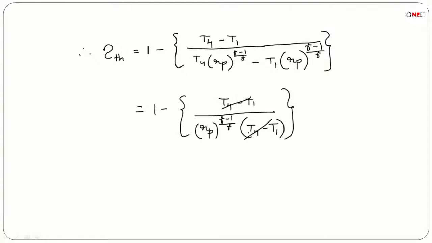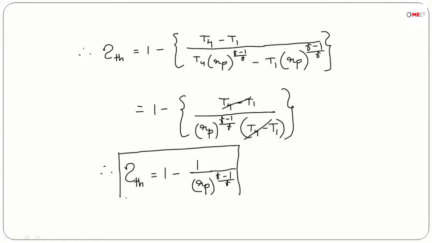Now these two will get cancelled, so therefore the thermal efficiency will be 1 minus 1 by Rp to the power (gamma minus 1) by gamma. So this is the thermal efficiency of the Brayton cycle in terms of pressure ratio.